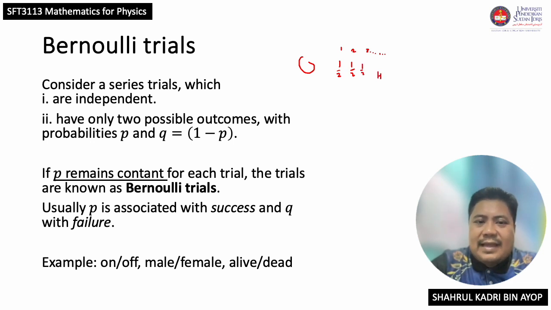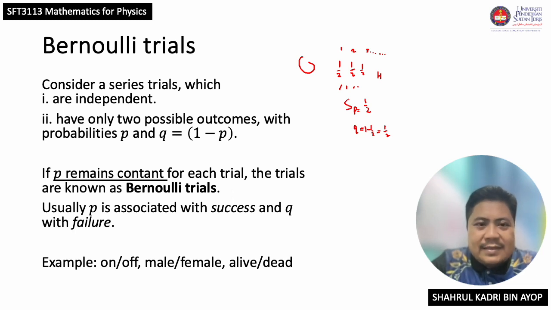So it means that the probability remains constant. Suppose that we define head as a success, so this is defined as P equal to half, and the failure as Q, which is 1 minus half, so it should be half. So this kind of trial is called a Bernoulli trial.